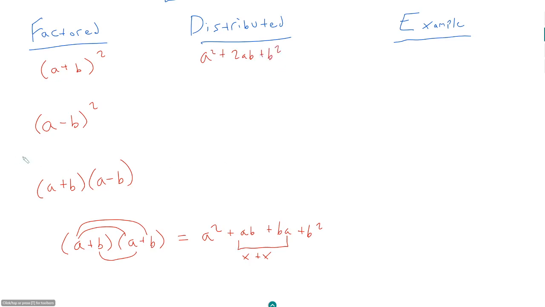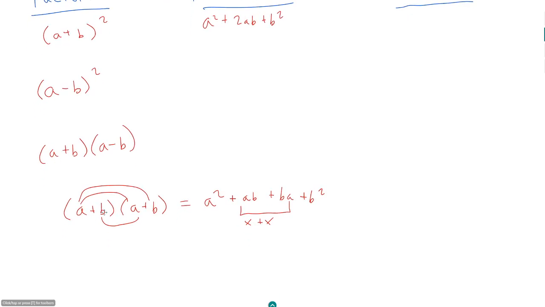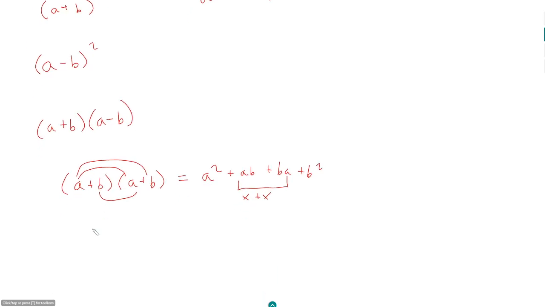What about a minus b squared? A minus b squared looks pretty similar to a plus b squared, except here we're going to have a squared minus ab minus ba.